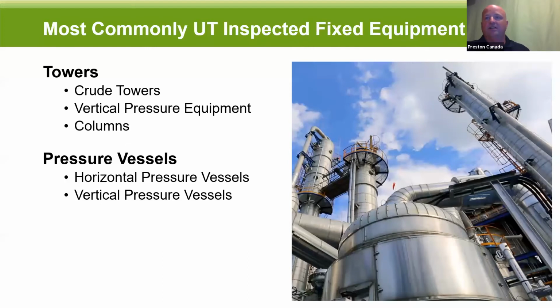They're all great applications for RUG inspections. And this doesn't have to be downstream, like I said before. This could be in any program that you're running RBI or you have an integrity program.